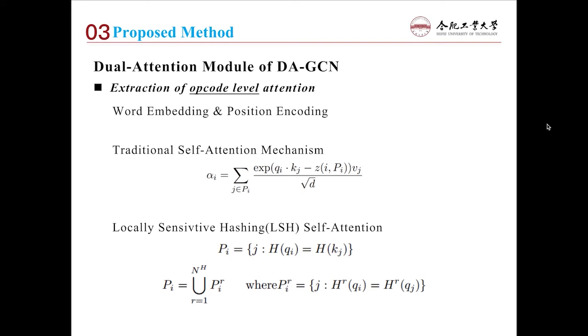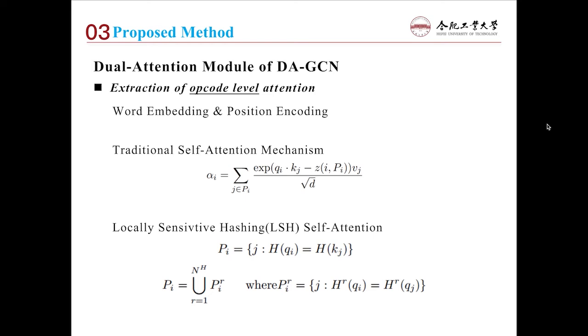In the LSH self-attention, we update Pi by filtering the keys into different hash buckets using a locality-sensitive hashing function H from the queries. Because the number of keys and queries may not be balanced in different buckets, we further set K equal to Q. We then divide the sorted queries into several parts, each containing the same fixed number of queries.